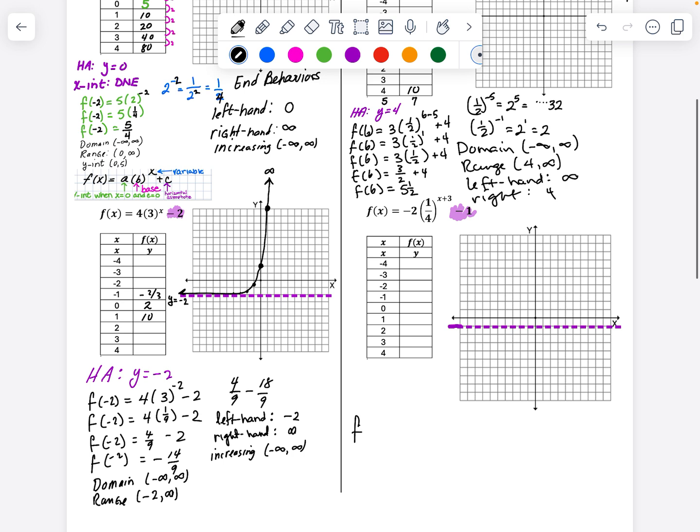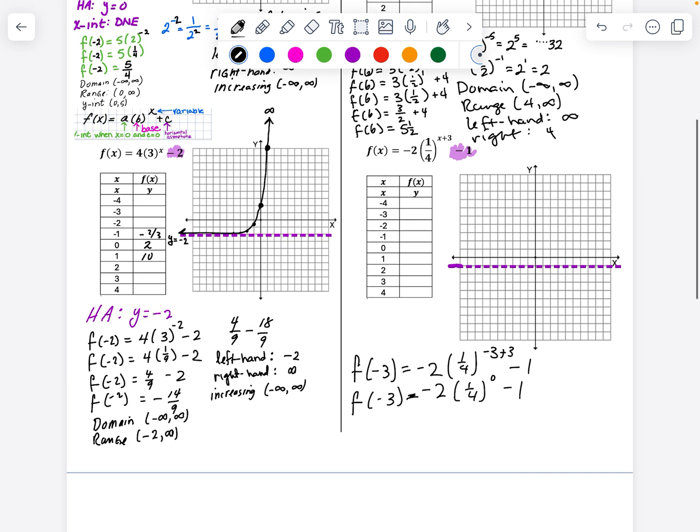If we do f of negative 3, that is negative 2 times one fourth to the negative 3 plus 3, minus 1. So that would be equal to negative 2 times one fourth to the 0 power, minus 1. So that would be negative 3 equals, anything to the 0 power is 1.